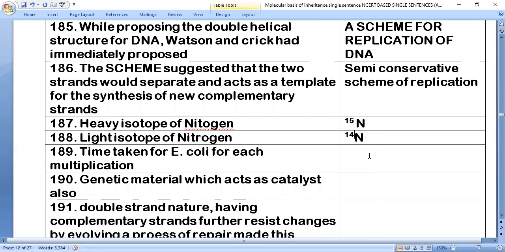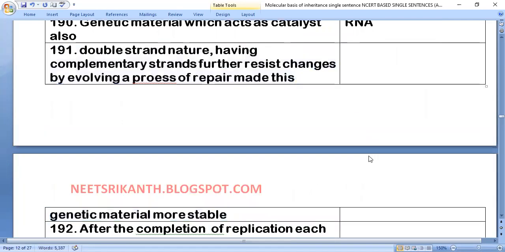The time taken for Escherichia coli for each multiplication is 20 minutes. The genetic material which acts as a catalyst also is RNA.